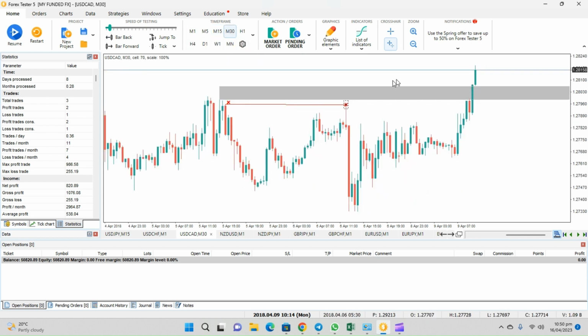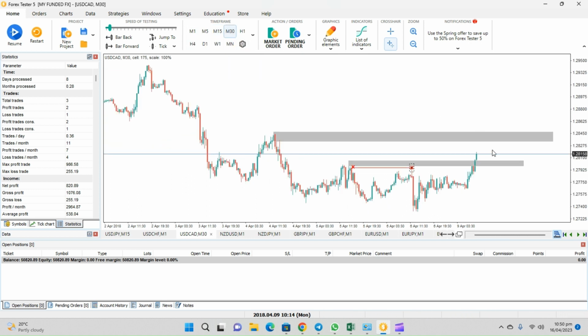Because I didn't have an entry confirmation signal to enter right here. The setup was okay, but I didn't have a confirmation entry. Therefore, I didn't enter. That takes a lot of discipline for you to do that. So have rules in place that you're going to follow so that you avoid taking unnecessary losses in the market.